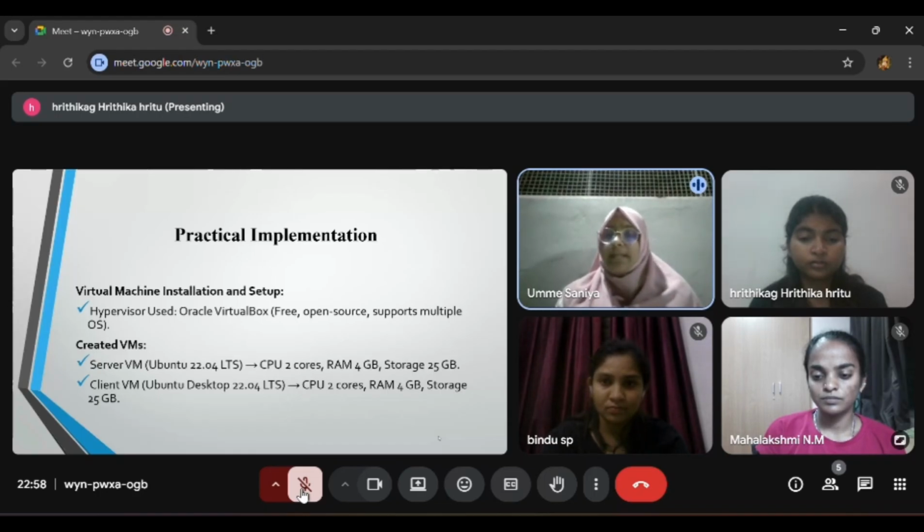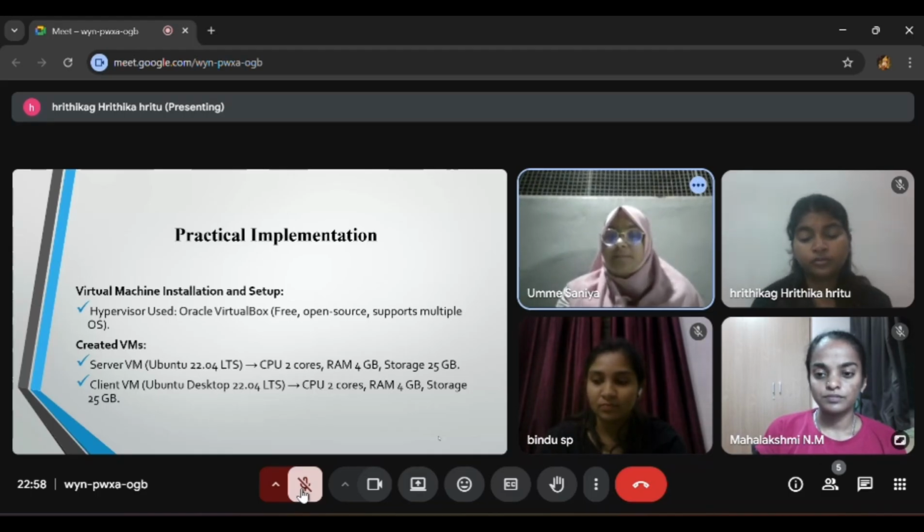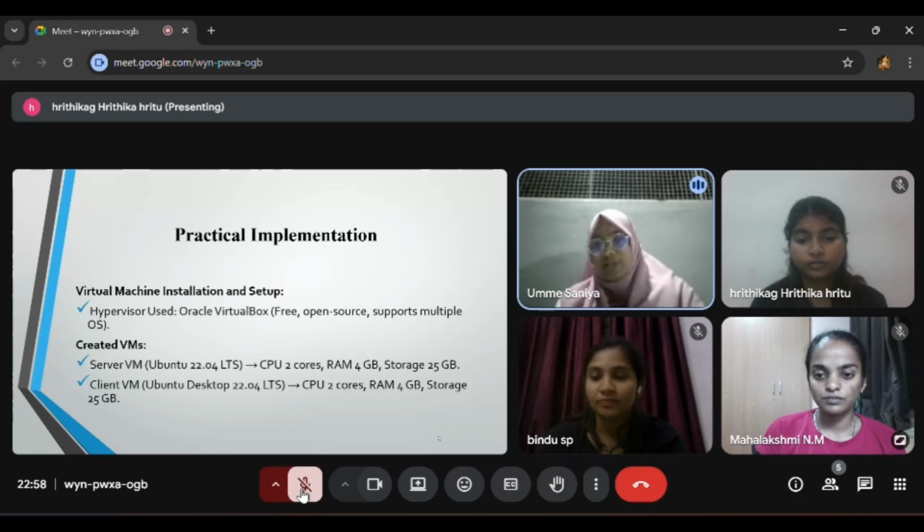We partially created two virtual machines, one server and one client, simulating a real world hospital IT environment. These helped us gain hands-on experience with virtualization. Next, here are the resources.